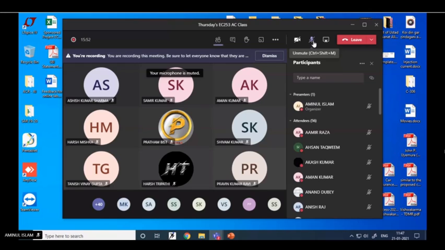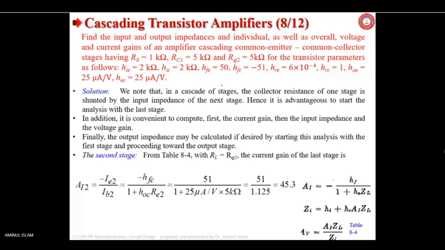And HIE is 2 kilo ohm, for the common emitter one, the first one, Q1. HFE is 50. What is that? Current gain of Q1. HFC is minus 51. It is the current gain of the common collector one, in the second stage, Q2.